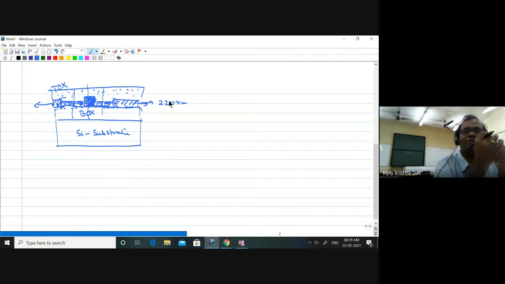But since the wavelength is larger, suppose there is roughness or dimensional variation as you see the cross section along the length. That is something you cannot remove perfectly using your technology, and it encounters a loss. So you need very smooth surfaces.